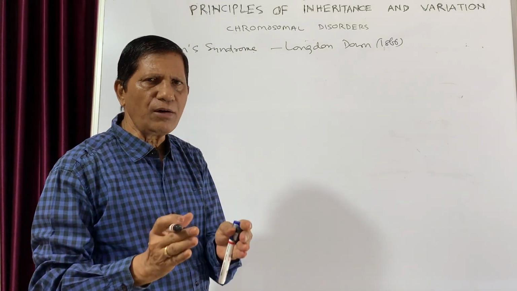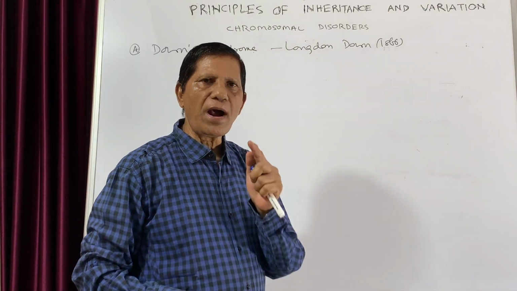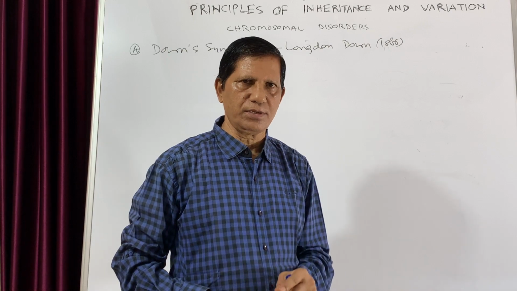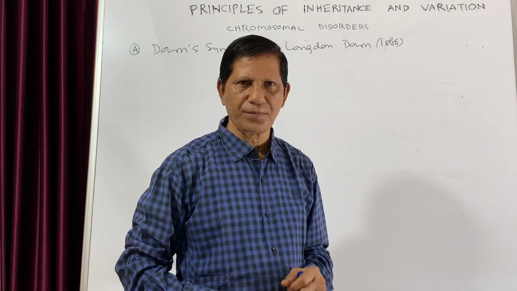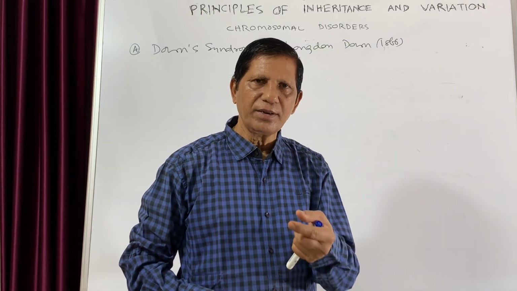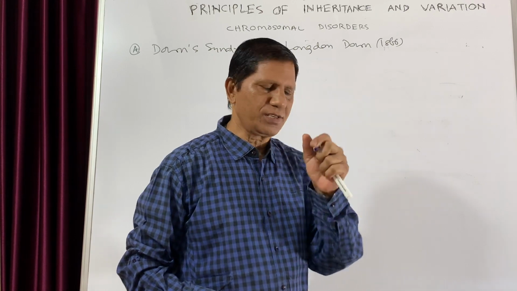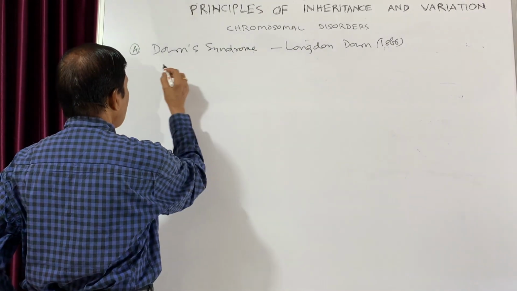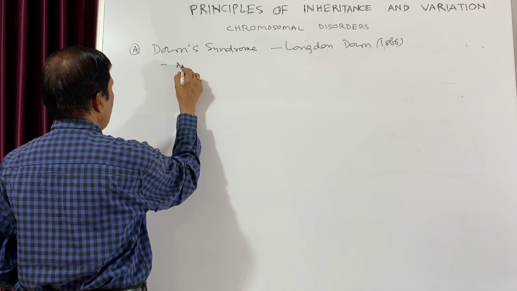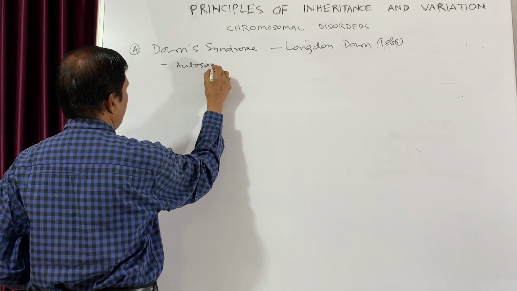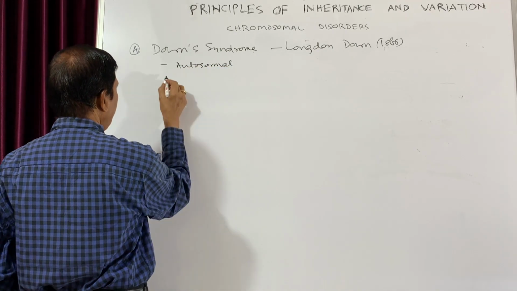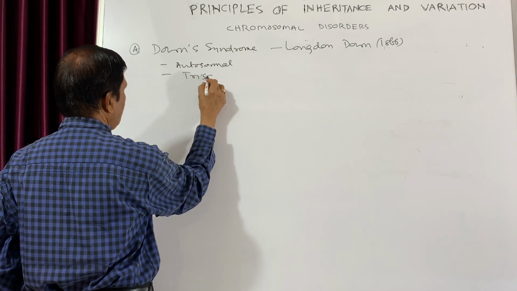Now in this Down syndrome, what happens? One of the autosomes is extra. And what is that number? That number is the 21st chromosome. That means Down syndrome is autosomal. It is a case of trisomy.